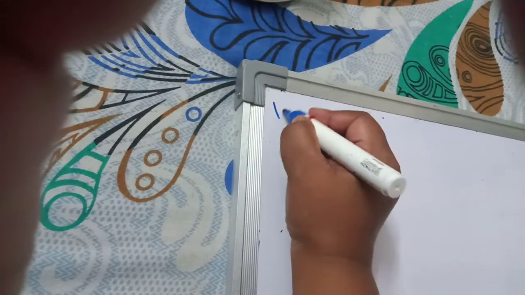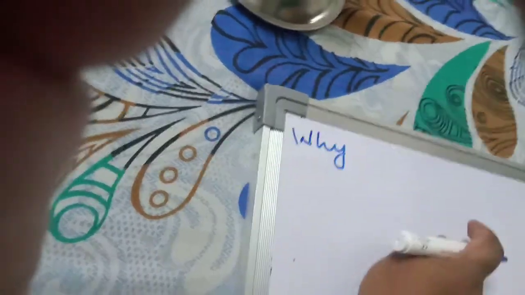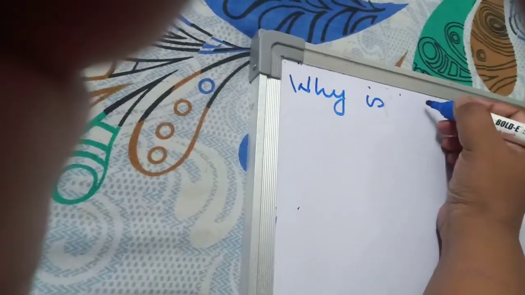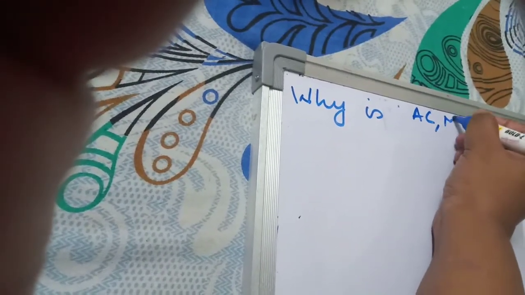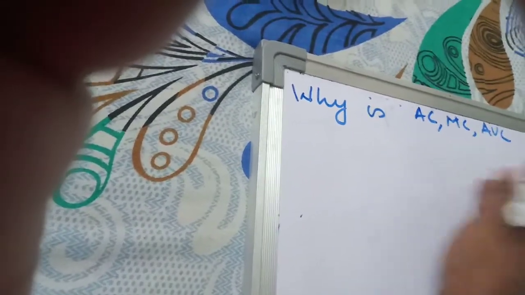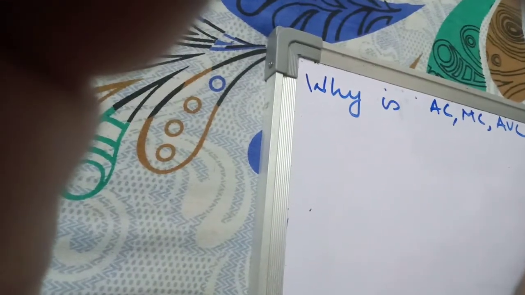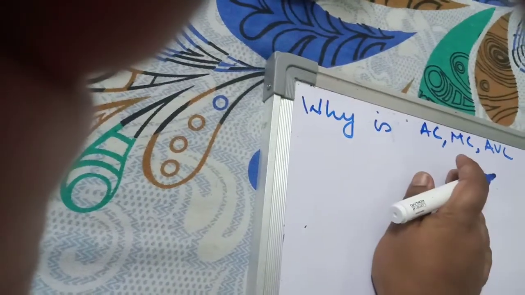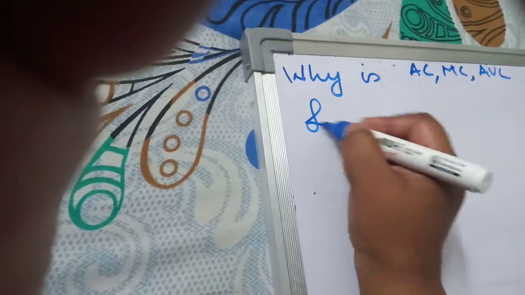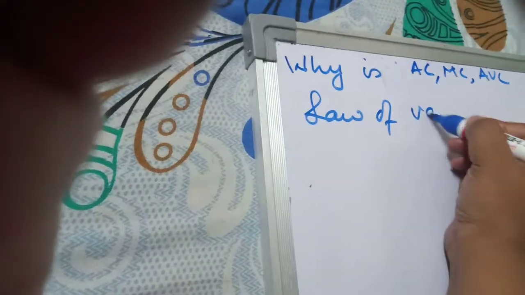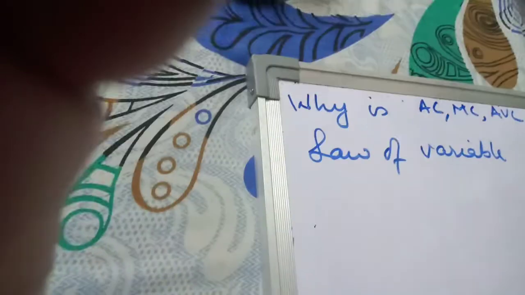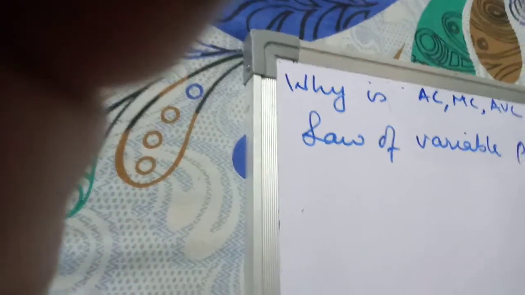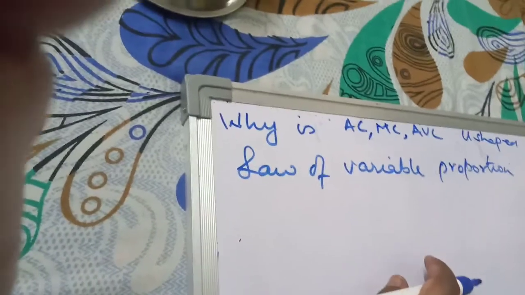The last question: why do you find that a U shape is there always? Why is there a U shape in AC, MC or AVC? The reason behind the U shape of AC, MC and AVC is the law of variable proportion. When a particular thing is happening in production, the opposite happens in cost.